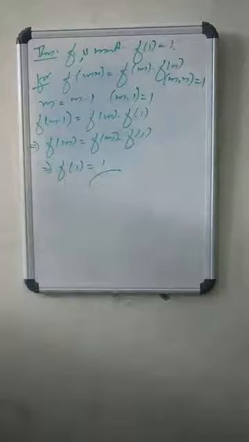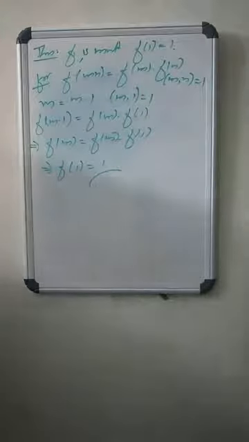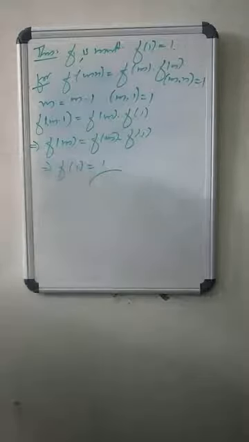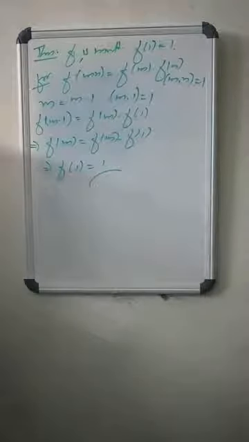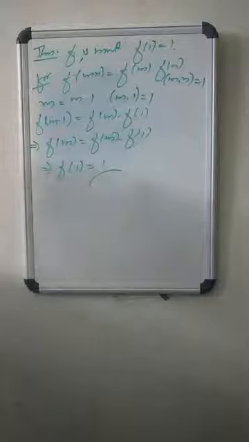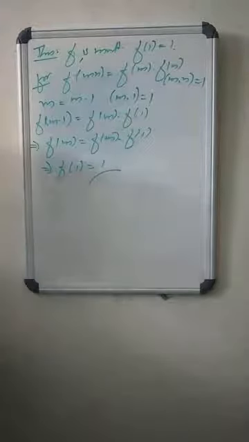This is an important result: when an arithmetic function f is multiplicative, then f of 1 is always equal to 1. So by using this idea, immediately we can conclude that the Mangoldt function is not multiplicative.